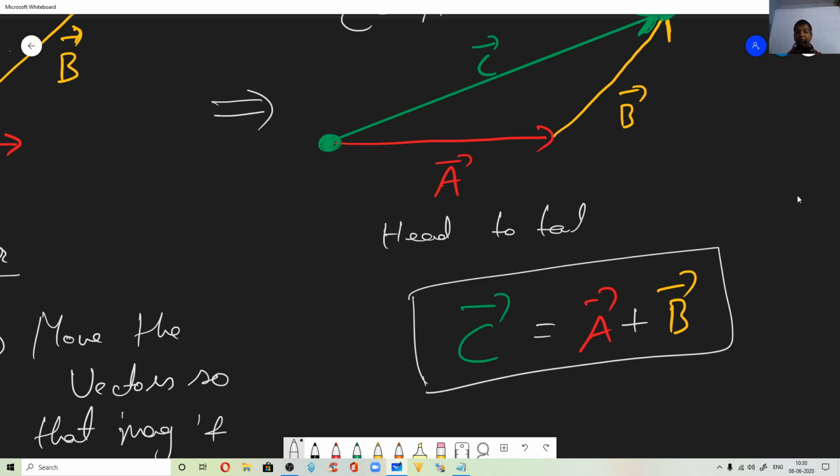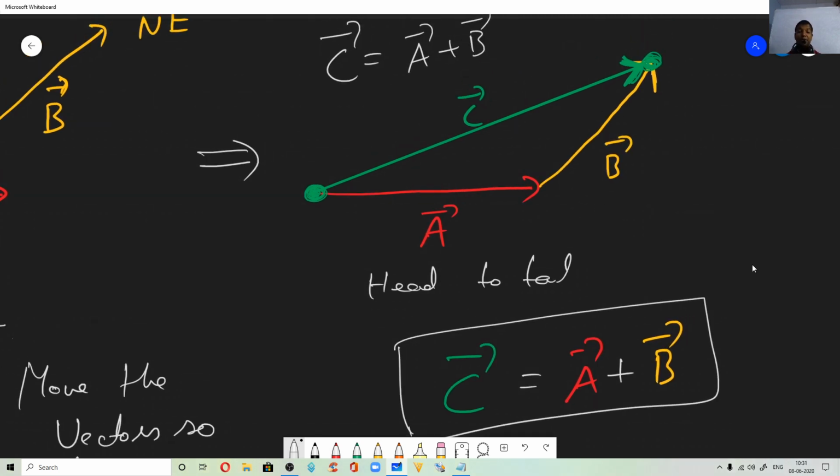Now there are few things which you need to extract from this. So what it means is, again, the same thing is valid here also. The length of vector A represents its magnitude. The direction of that arrow represents the direction of vector A. Same way, the length of vector B represents its magnitude, and the direction of vector B tells its direction.